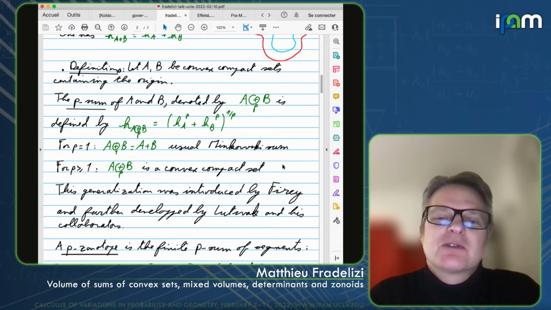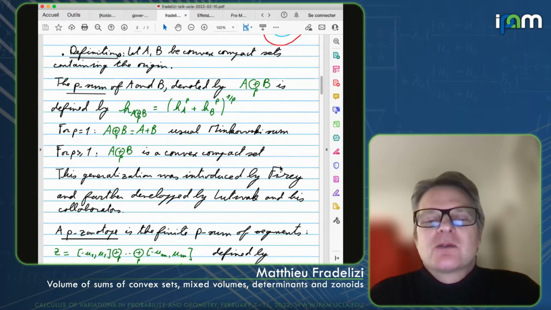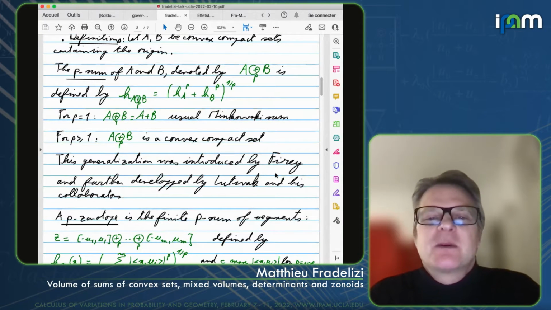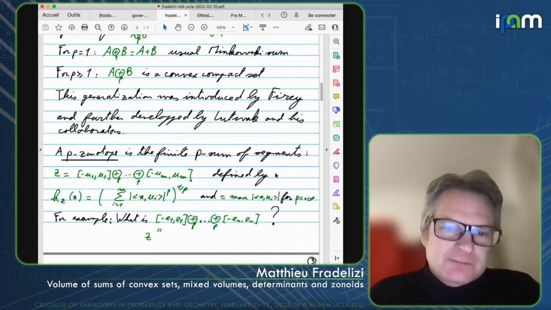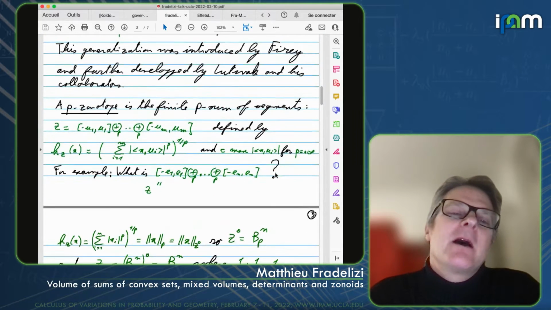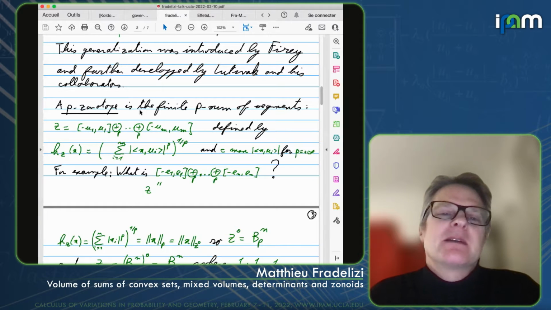It was introduced by Firey and developed a lot by Lutwak, who established a number of inequalities regarding these Minkowski p-sums.